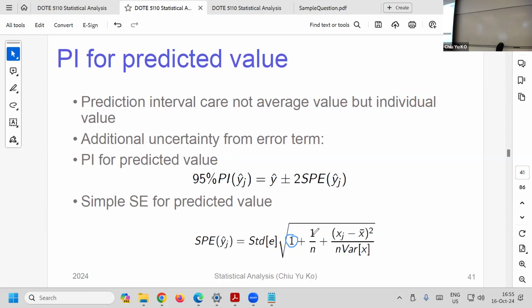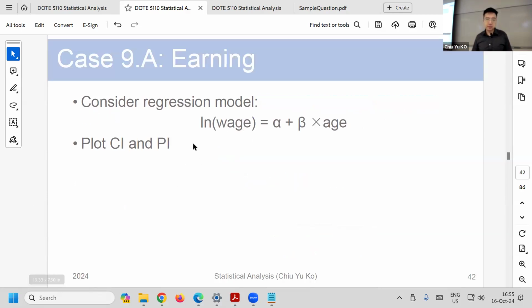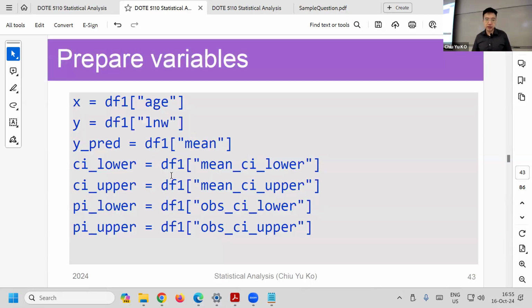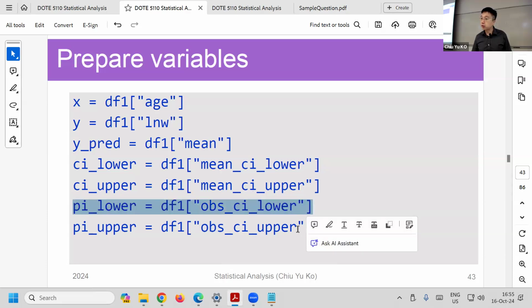But I don't think we really need to worry about this because we're not statisticians, right? We just know there's a formula there, and then you just run the Python, then we're done. Okay, the same equation, the Python will be the same, but the observation CI rather than the mean CI. So this gives you the lower and upper.